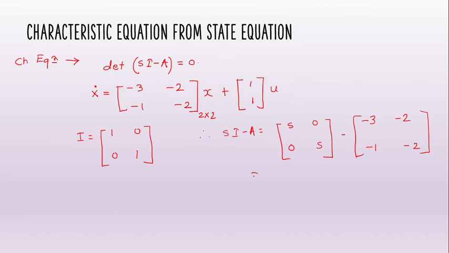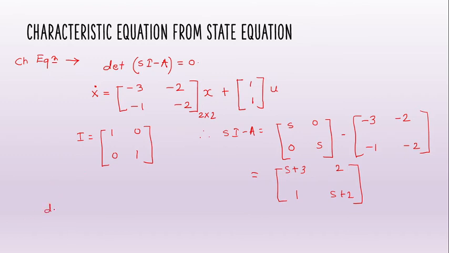So the matrix becomes s plus 3, plus 2, plus 1 and s plus 2. So what is the determinant of this matrix? This will give our characteristic equation.